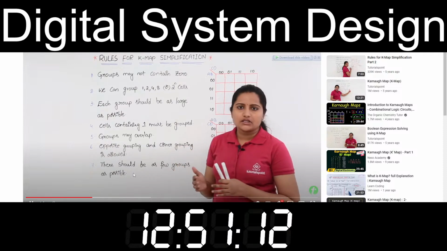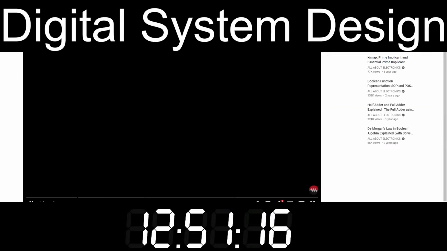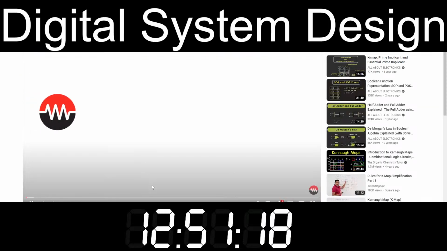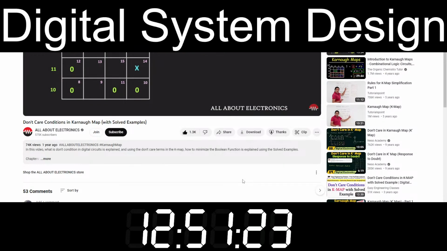All 2 multiplication, that means we can group 16 ones, 32 ones. Can be represented. So as you can see, this product of sum form contains all the cells.